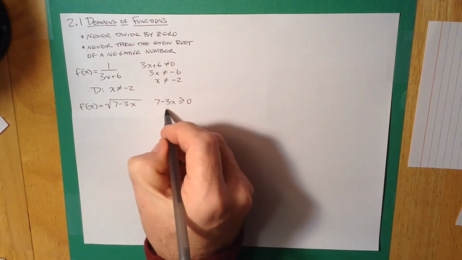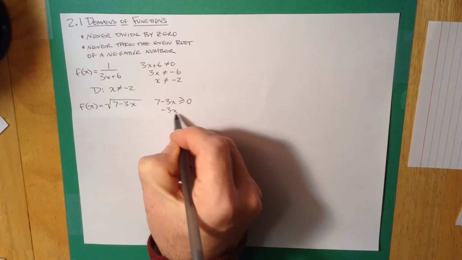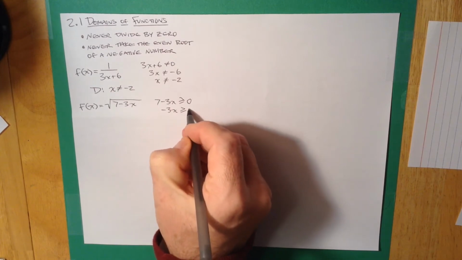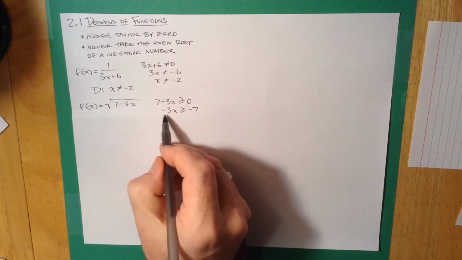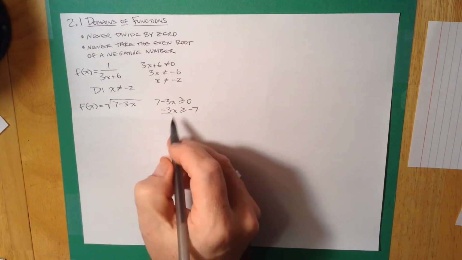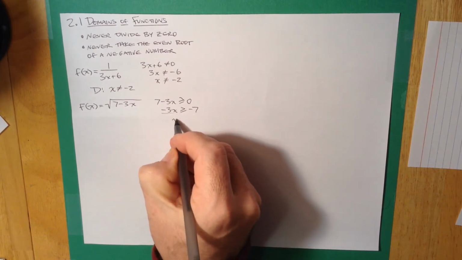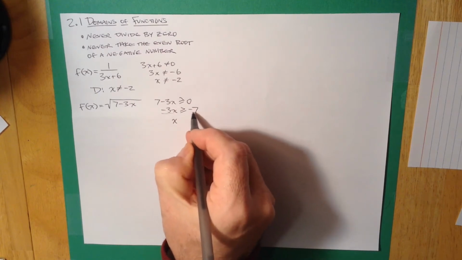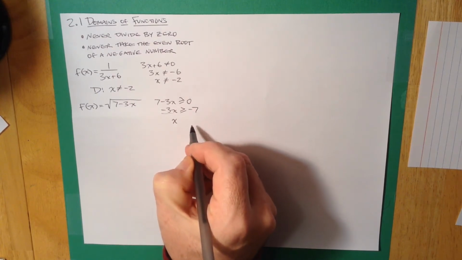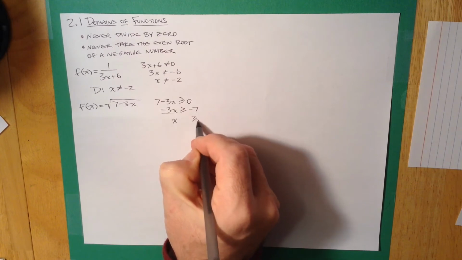If we subtract 7 from both sides, we get negative 3x greater than or equal to negative 7. If we divide both sides by negative 3, we get x, and on the right side, negative 7 divided by negative 3, or just 7/3.